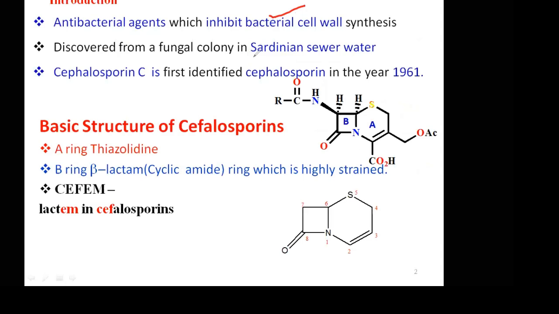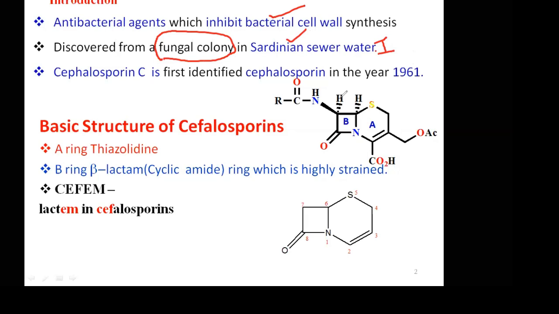It was first found from a fungal colony in Sardinian sewer water, which is near Italy, between Europe and Africa. In that water, the Sardinian Sea is there. From there they found this first cephalosporin.